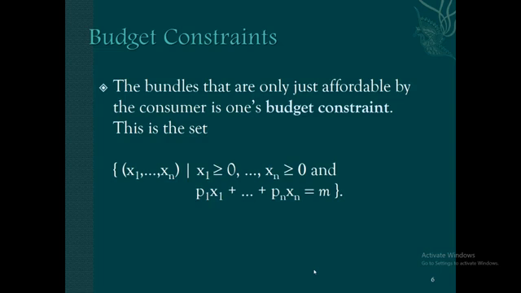That is our assumption: p1 x1 plus p2 x2 and so on, plus pn xn, which is equal to your income. What is it trying to say? All the commodities which are affordable can be comprised within your income limit, that is, either equal to your income or less than your income.